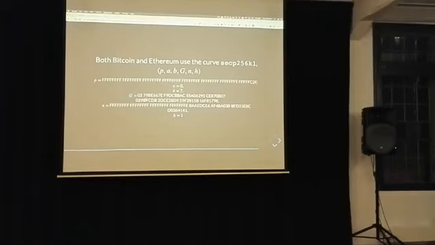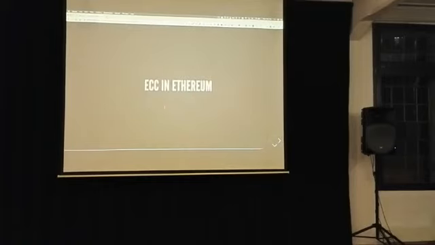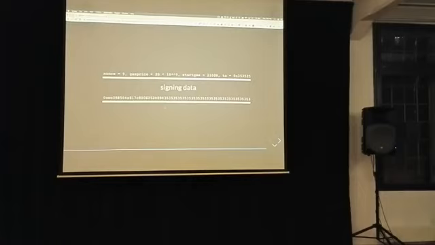So now let's have a look at elliptic curve cryptography in Ethereum. Ethereum transactions have a number of parameters.